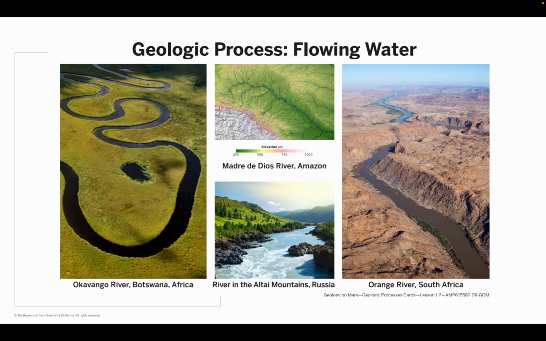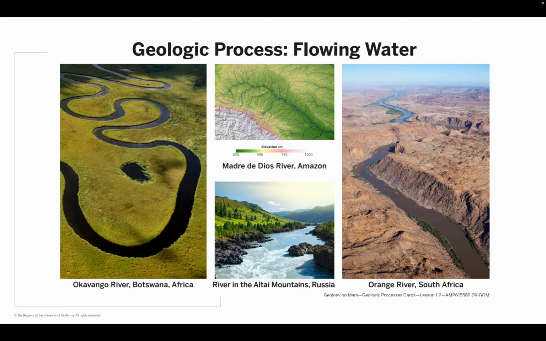We talked about how some sections of the rivers are curvy, but then some sections of the same river are actually straight. So if you look at the Orange River in South Africa, this section right here at the bottom of the picture is relatively straight. And then you go around a curve. And then you go around another curve.